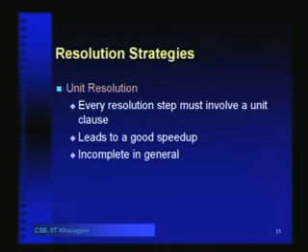By incomplete we mean that there will be cases where you should be able to deduce the goal, but using unit resolution you will not be able to do so. If you just use a unit clause in every step of resolution, you will not be able to prove the result. That is what is meant by the incompleteness of unit resolution.